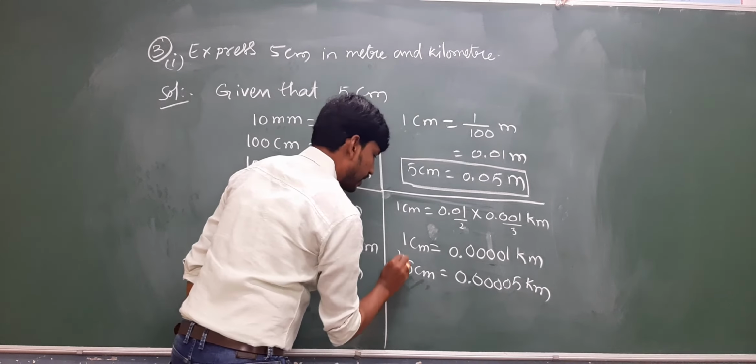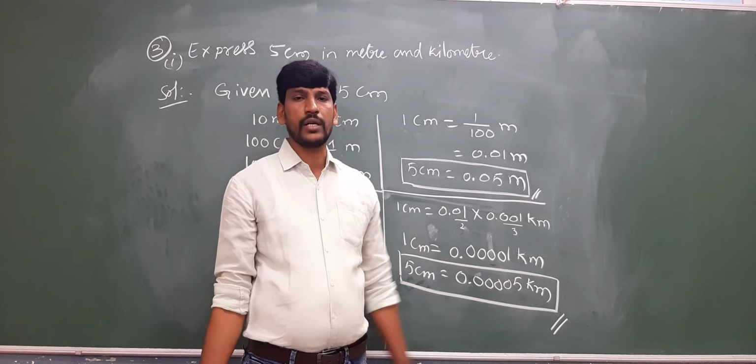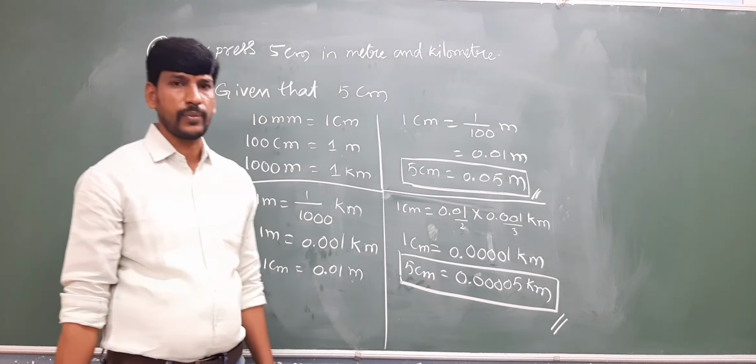This is the conversion we have to do. Please keep in mind the number of zeros after the decimal place. Here it is 4 zeros only, not 6. So 5 centimeters equal to 0.00005 kilometers, this is the value in terms of kilometers. Clear?